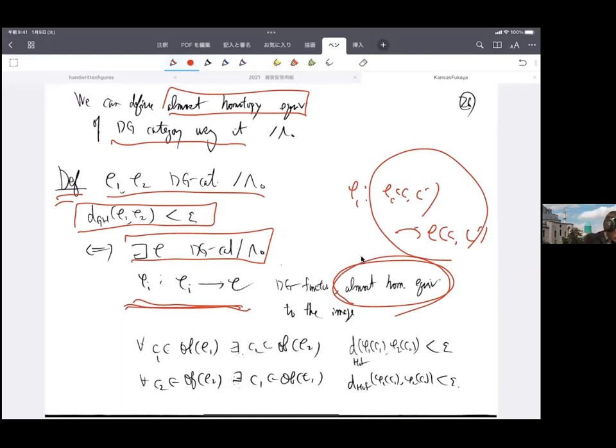Then you have a similar condition that the objects have small Hausdorff distance. This is the notion of Gromov-Hausdorff distance, and it works in the case when your infinity category is not gapped, so you can enhance it to the case of infinitely many Lagrangians.